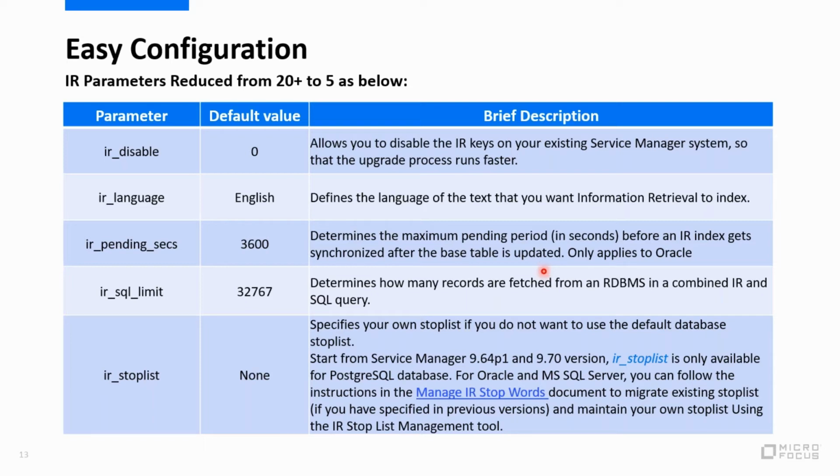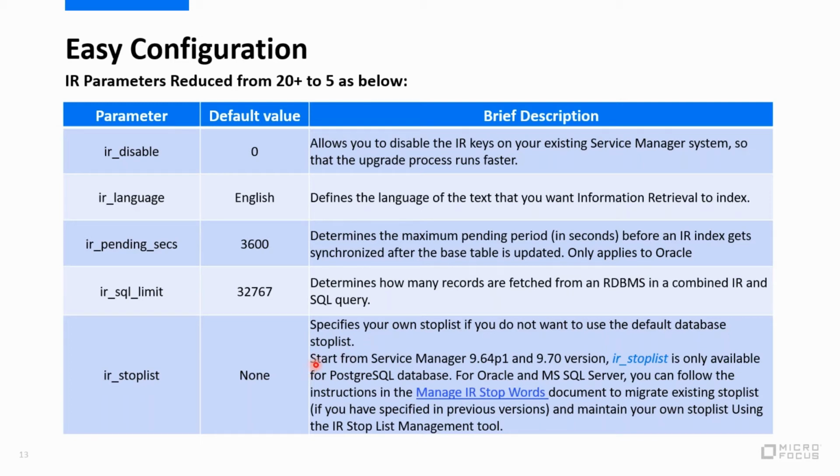As you may know, we can do both IR queries and normal SQL queries, and this IR SQL limit parameter determines how many records are fetched from a database in a combined IR and SQL query. And this is the default value. IR stop list: this parameter specifies your own stop list if you do not want to use the default database stop list.